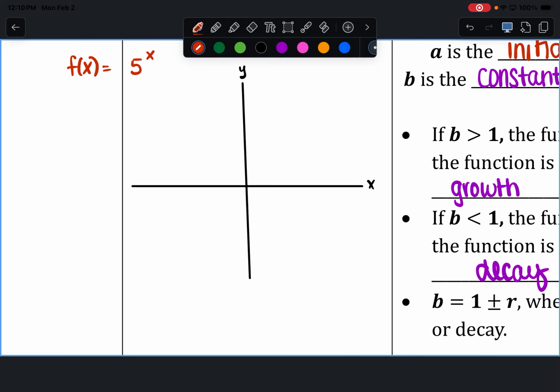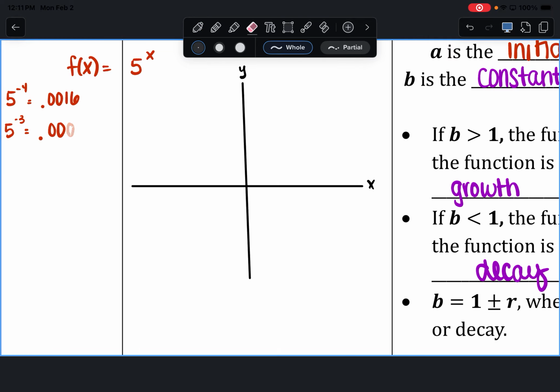So if we plug in 5 to the power of -4, what is that? 0.0016. Okay. What if we do 5 to the power of -3? 0.008.